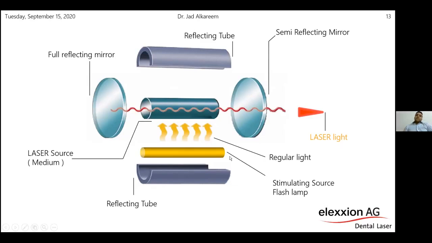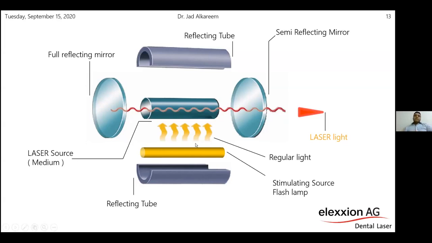Other devices use a heat source or an electricity source, but most medical laser devices use a light stimulating source. On the left side, we have a full 100% reflecting mirror, and on the right side, a semi-reflecting mirror, which can be around 70%, and sometimes up to 85%.